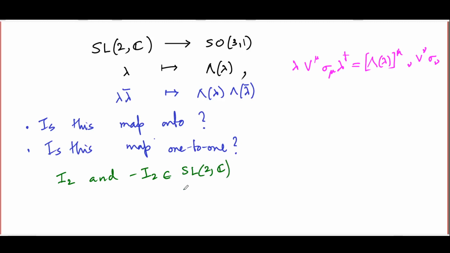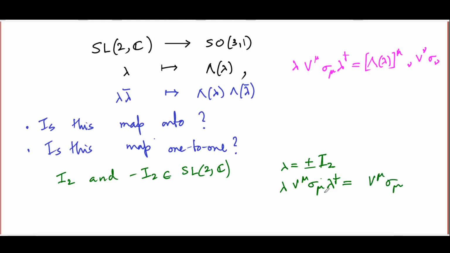And it's easy to see that if either I2 or minus I2 is taken for our lambda, then lambda v^μ σ_μ lambda dagger will turn out to be exactly the same as v^μ σ_μ.